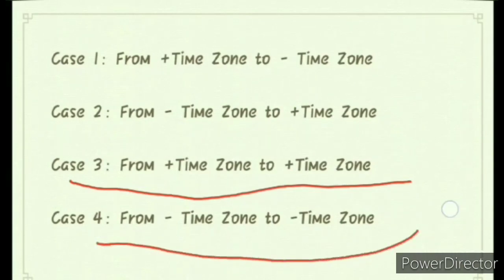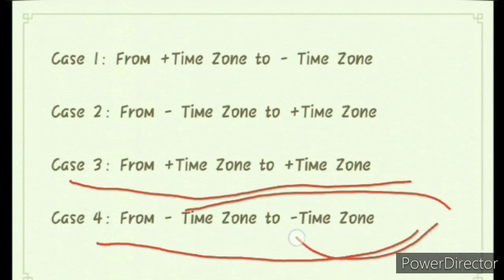Here a flight will take departure from a city which is in a minus time zone and it will arrive at a destination which is in a minus time zone. So there are basically 4 situations, and in these 4 situations the calculation of arrival time, arrival date and arrival day will be different from each other.